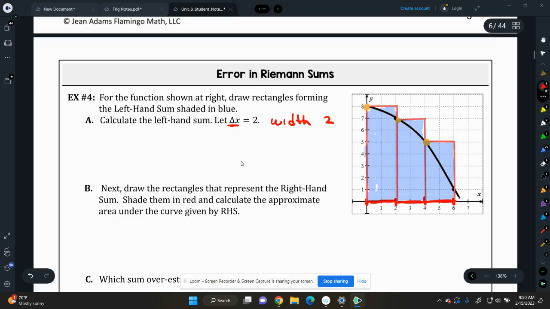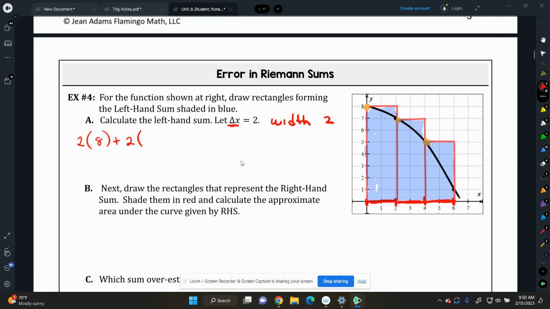Calculate the left-hand sum. Okay, let's do that. All right, so we're going to take the area of each rectangle. So it's a length times a width. So the first rectangle has a width of 2. And what's its height? 8. The second rectangle has a width of 2. And what's its height? 7.